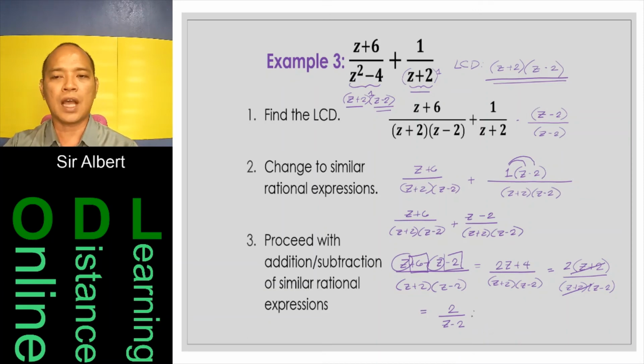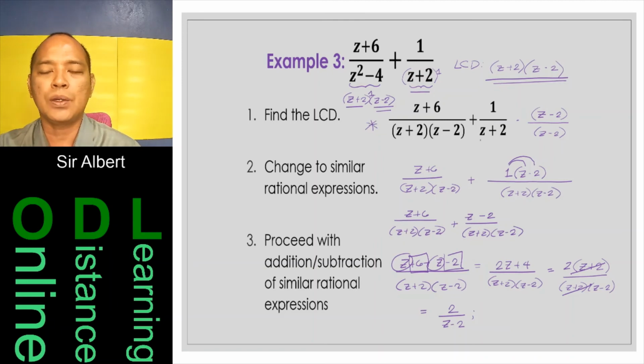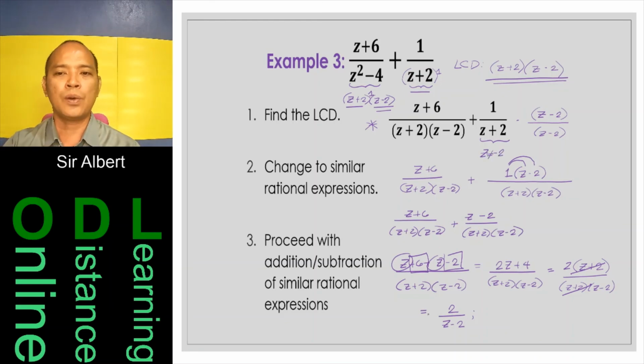We finalize our answer by indicating the restriction. Again, when you work on the restriction, take a look at your denominators. If I take a look at this expression here, it made use of the denominator of z plus 2. For this denominator to be not equal to 0, then z should not be equal to negative 2. So, z not equal to negative 2 is going to be part of our restriction.